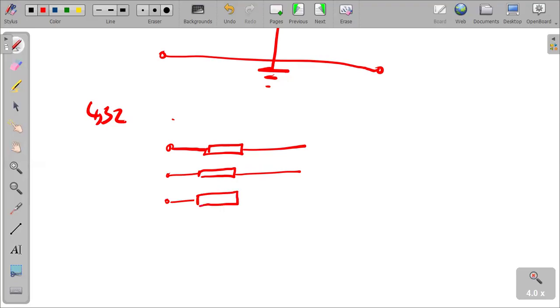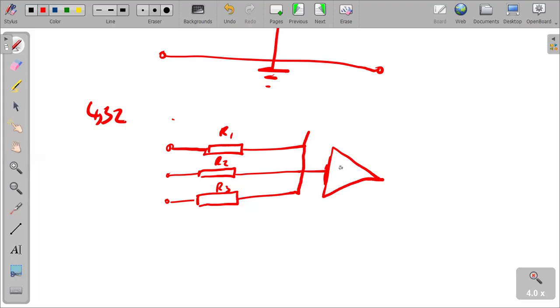R1, R2, and R3. They are all interconnected. There is the interconnection directly to them. F, the feedback resistor. So we have, and there we go.